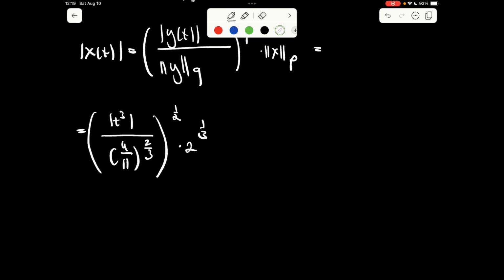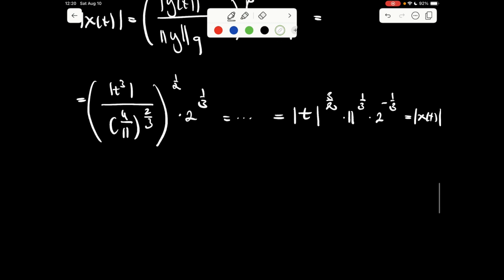Okay, I think it's okay. And after a few steps, we receive this expression. Okay, so this is the absolute value of the unknown function we are looking for. We are very close to the unknown function xt. We know its absolute value.